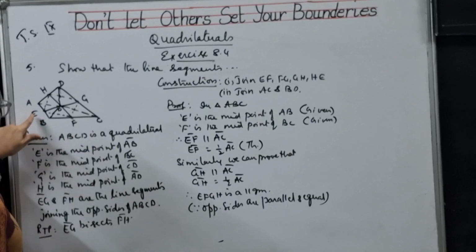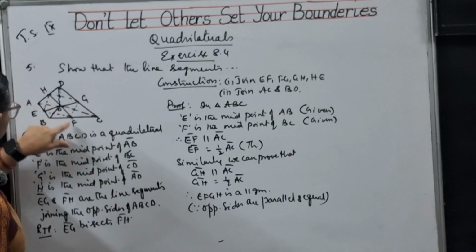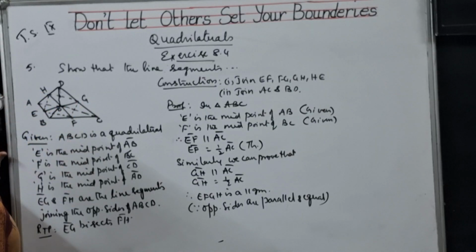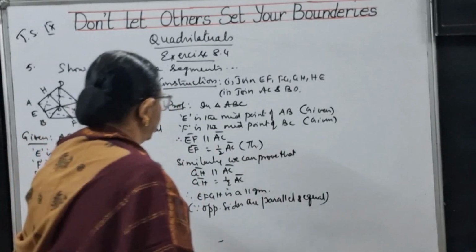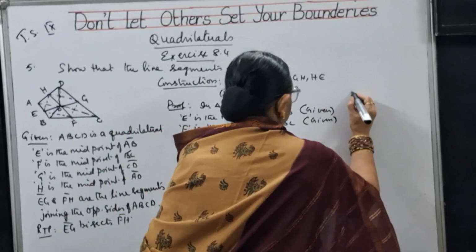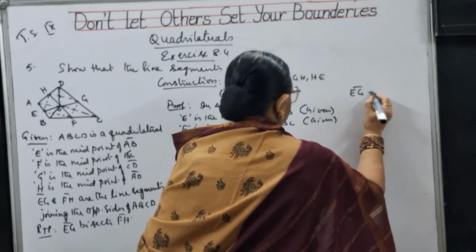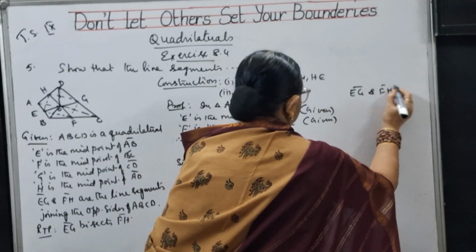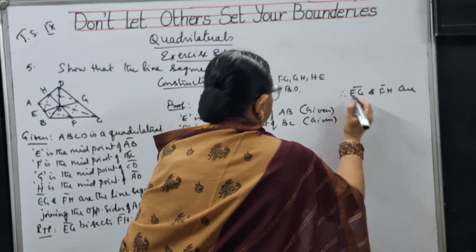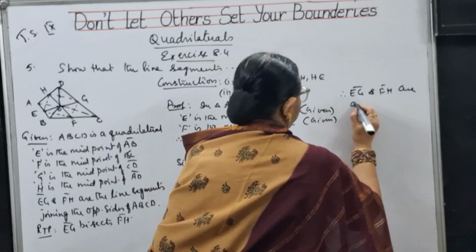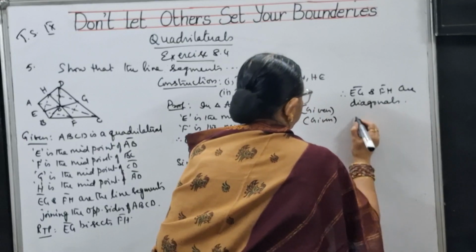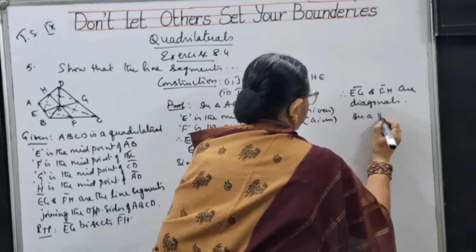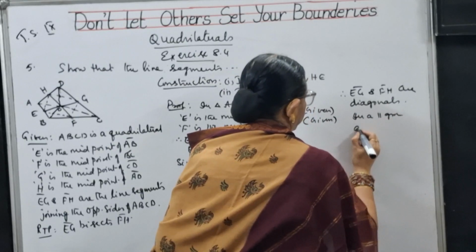So in that case, EG and FH, what are they, children? They are diagonals. EG and FH are diagonals in a parallelogram.